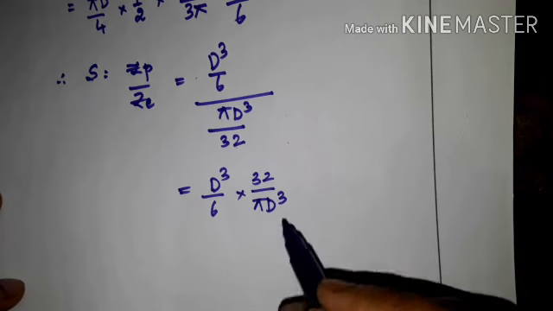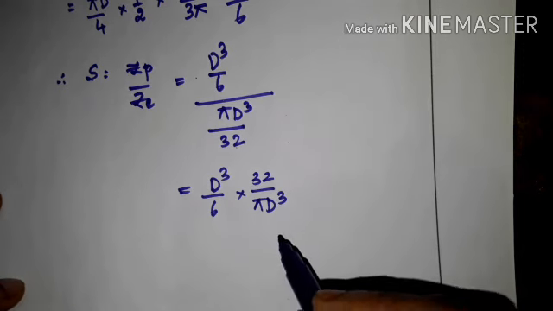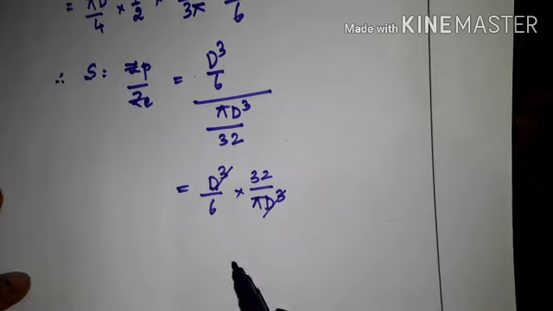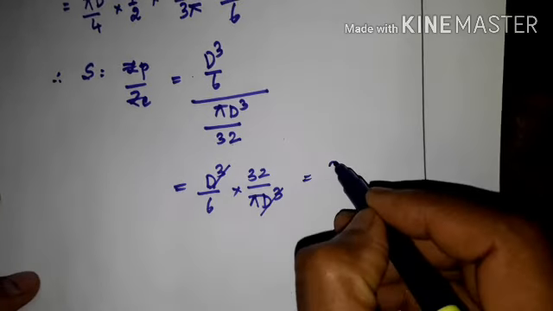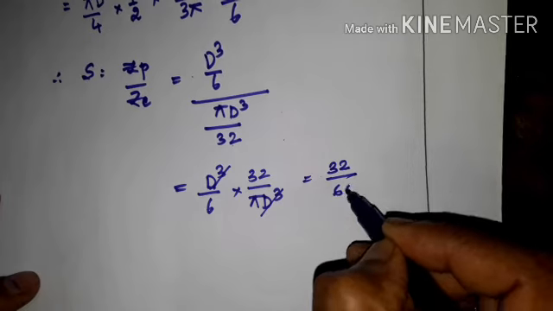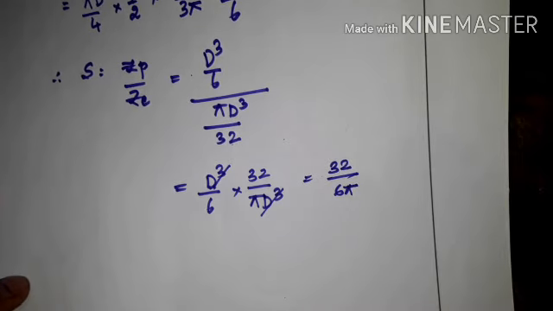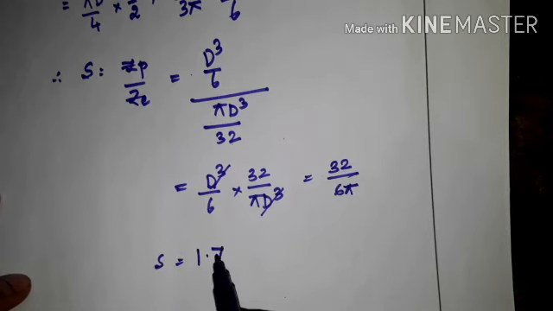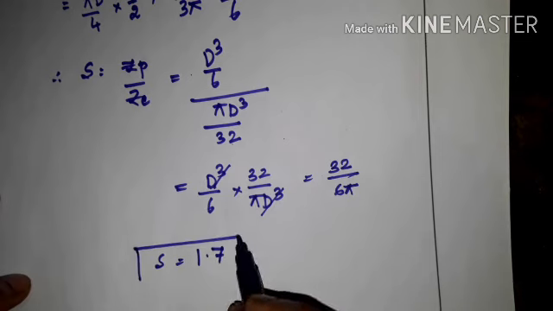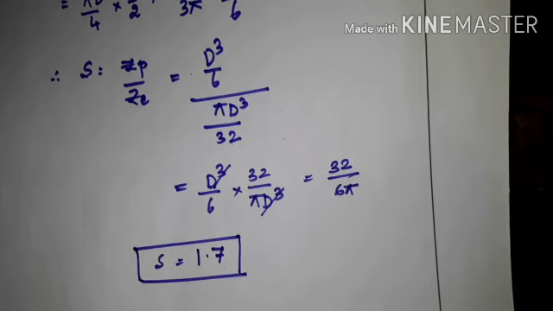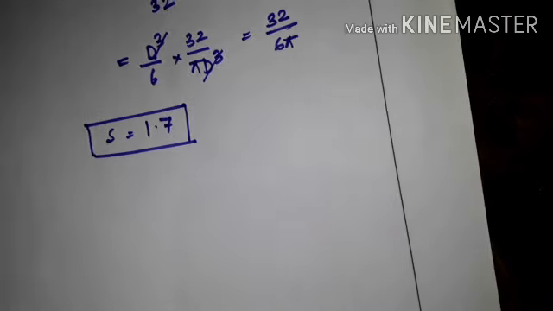We will get 32 divided by 6 pi, which is 1.7. So for a circular cross section, the shape factor is 1.7.